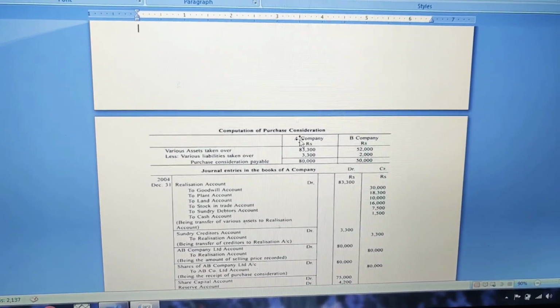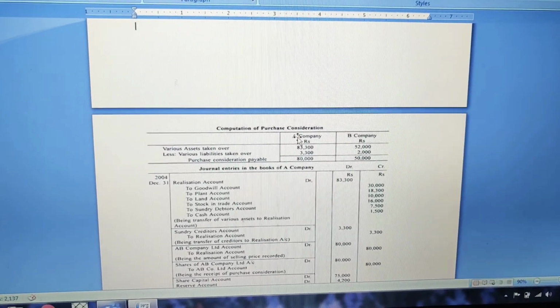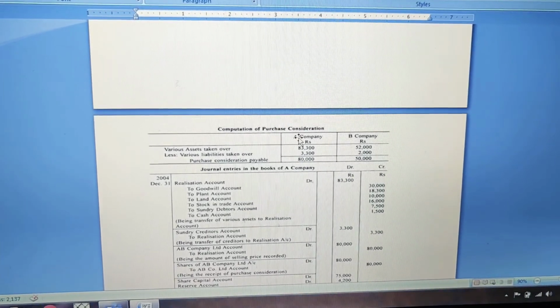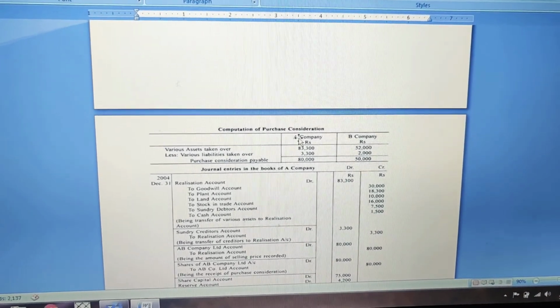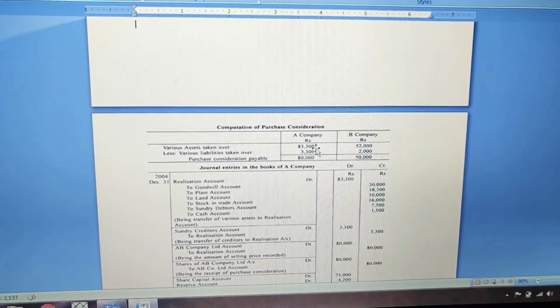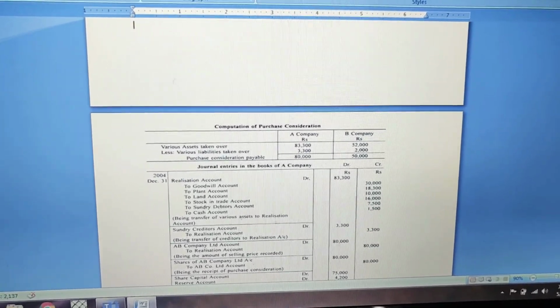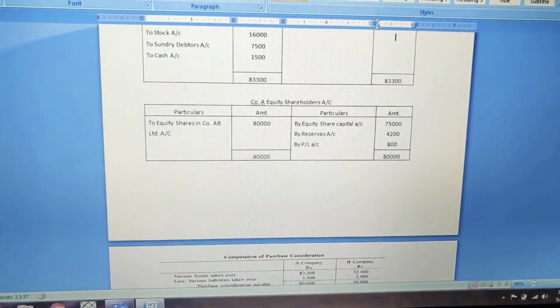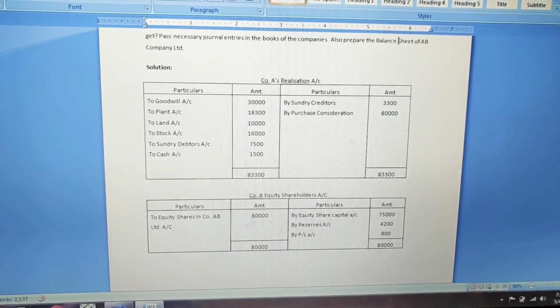If they are not taking their assets and liabilities at the book value and they are taking at an agreed value, then you have to calculate it separately. Clear? Okay, so how can this 80,000 come from the realization account?